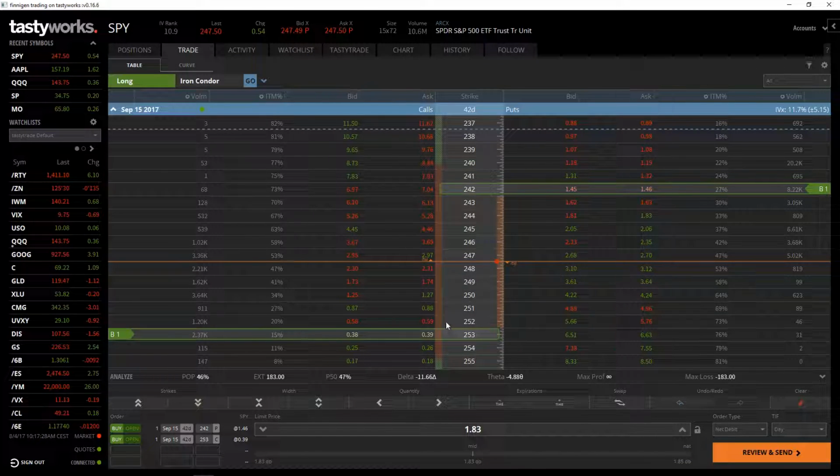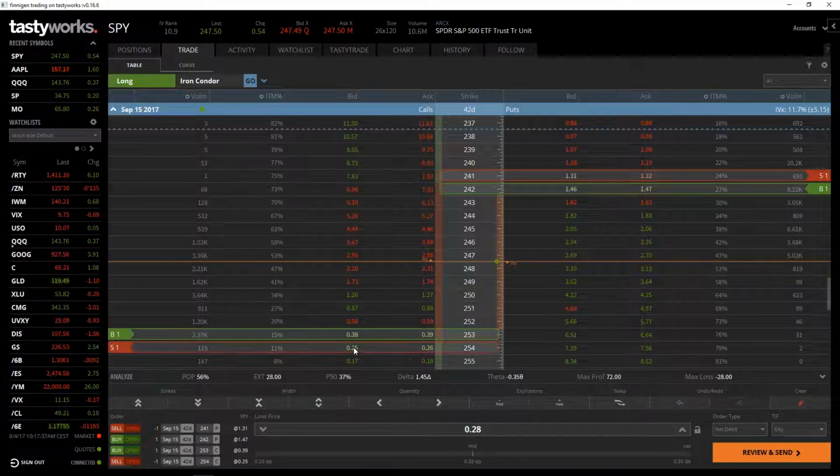And instead of buying the outer strikes, we want to sell the outer strikes this time. So we do this and this, and again you could theoretically go further out with the outer strikes, but I won't do that right now. And this more or less is the long Iron Condor here.